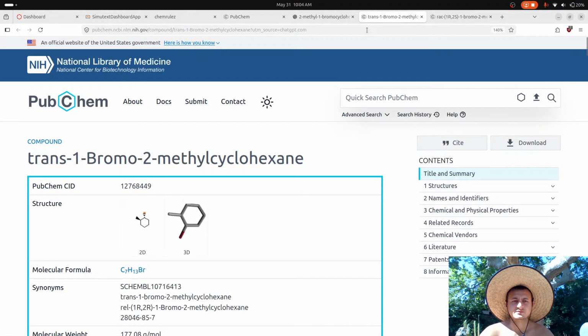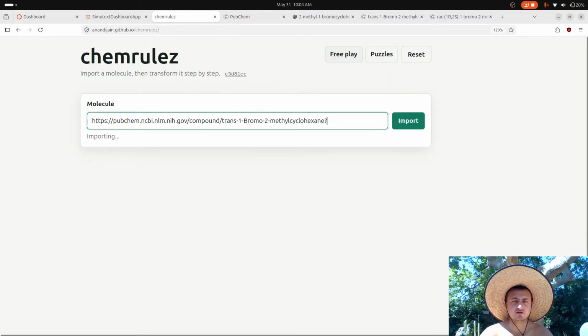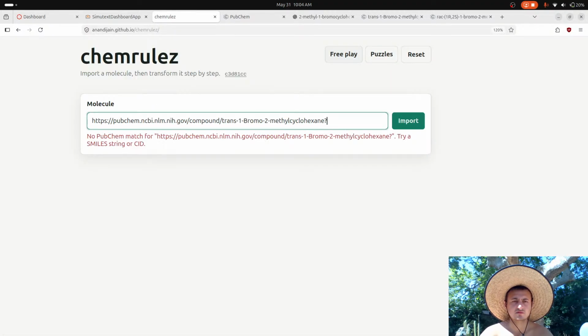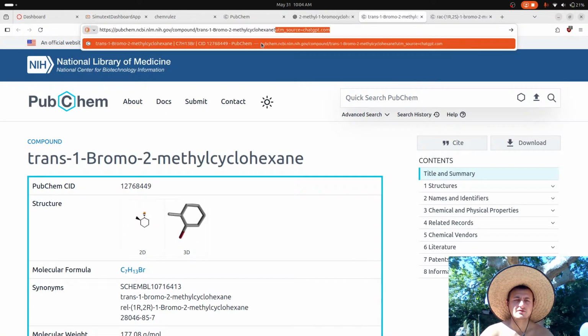Okay, so here we go. We got the trans. So I'm actually curious, but the thing is, does this work? See, I think because you need a CID.